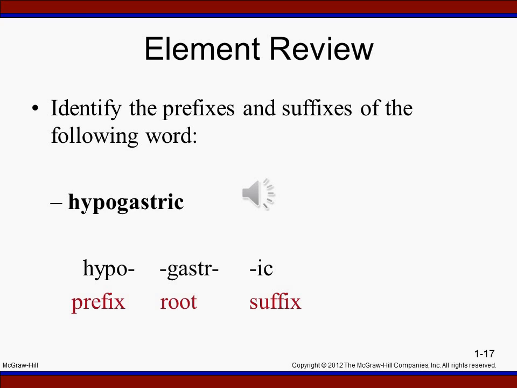In this particular word, hypogastric, because the root word begins with a consonant and the prefix ends in a vowel, there's no need for a combining vowel. So prefix hypo means below. Gastr is the root word meaning stomach. So the word hypogastric means below the stomach.